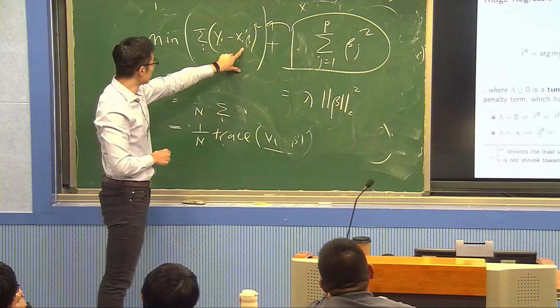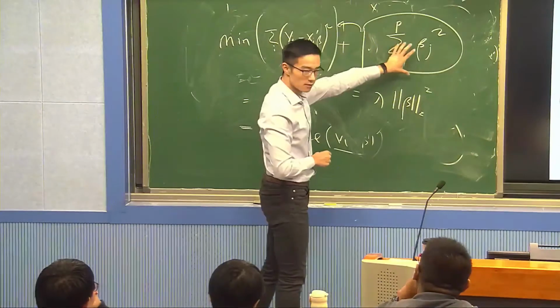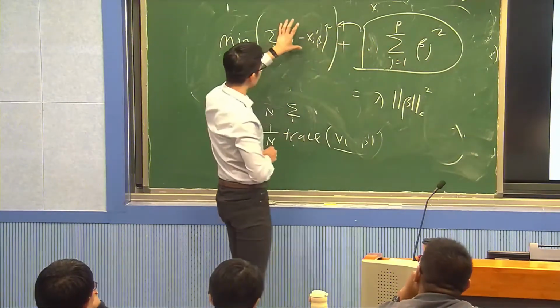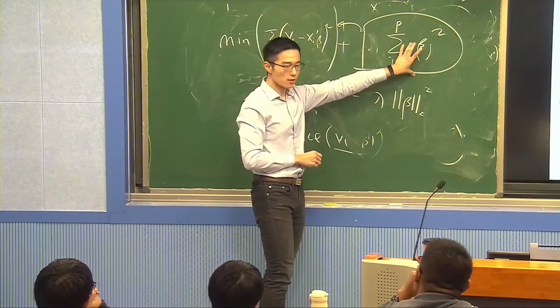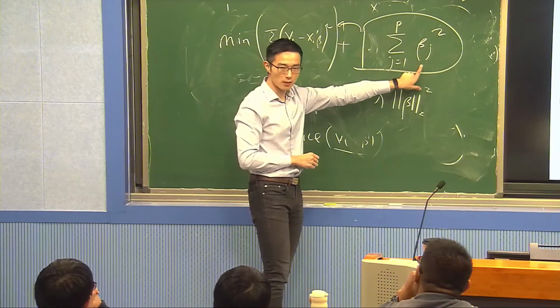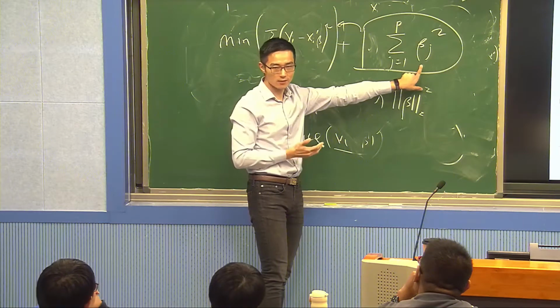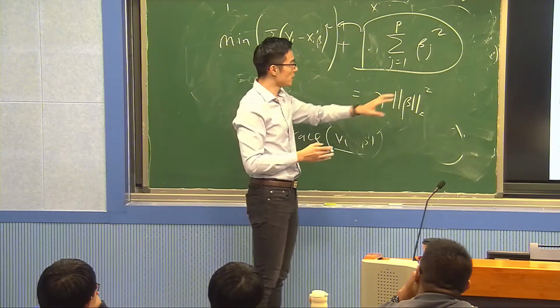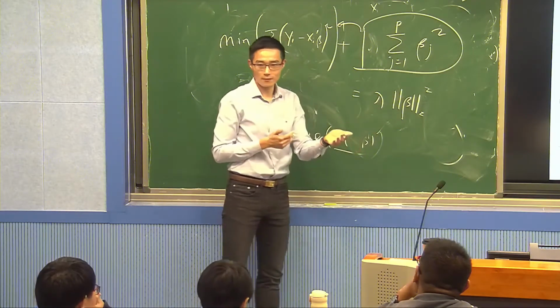But now I'm adding this part, meaning I not only want to minimize this, but also want to make this as small as possible. By making this part as small as possible, I'm trying to make beta really small. It's that simple. I'm trying to make the size of beta smaller. And that's shrinkage.